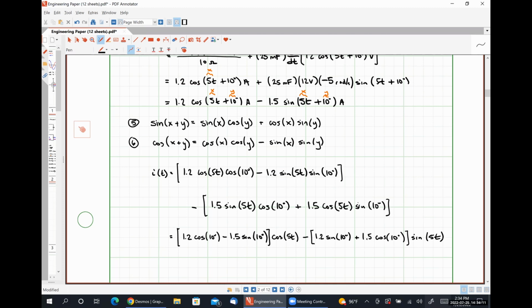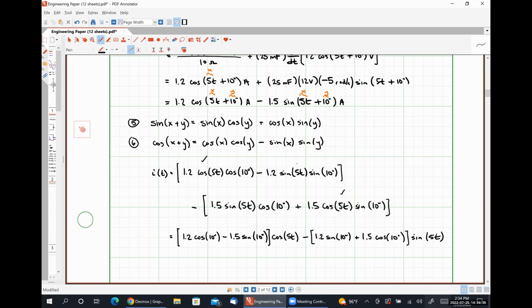Please check my algebra here and make sure I didn't mess anything up. I should have 1.2 cosine 10 degrees with a positive sign from this term. I should have 1.5 sine 10 degrees with a negative sign from this term, because the negative sign out front gets distributed.